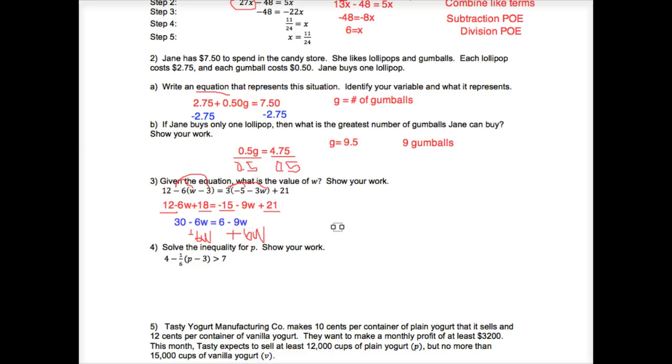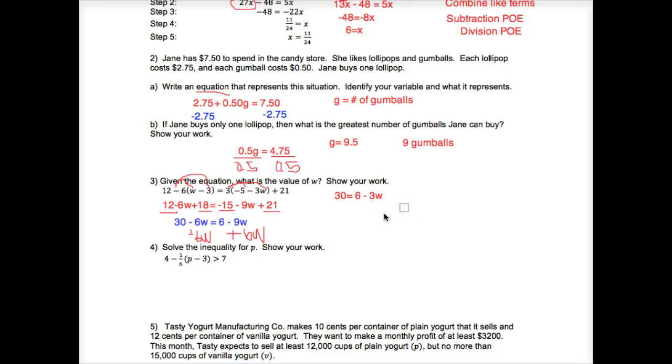When I do that, that means that in my next step, and I'm going to type it up here, I'm going to have just 30 on the left side, and that's going to be equal to 6 minus 3W, because -9 plus 6 is -3. So that's what I have in my next step.